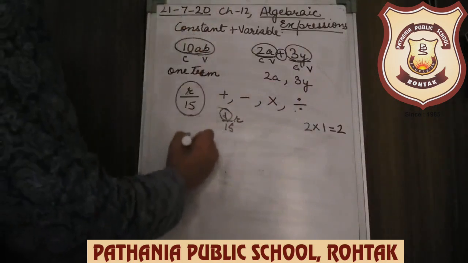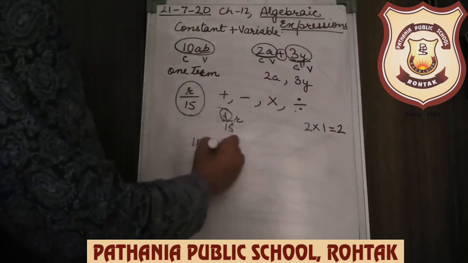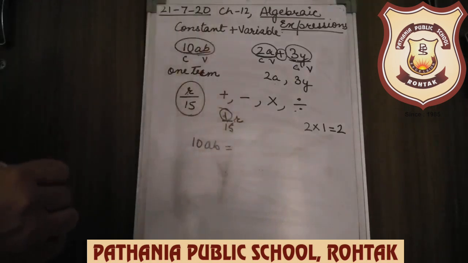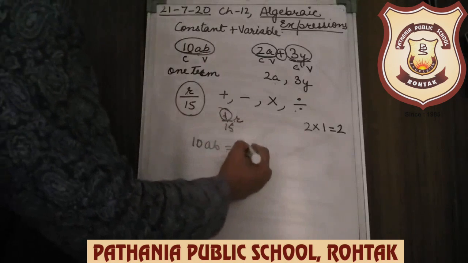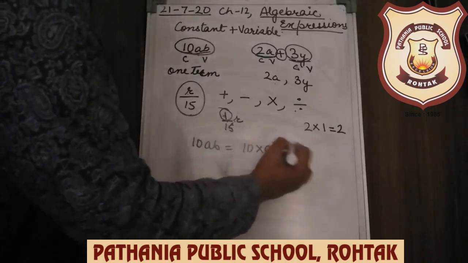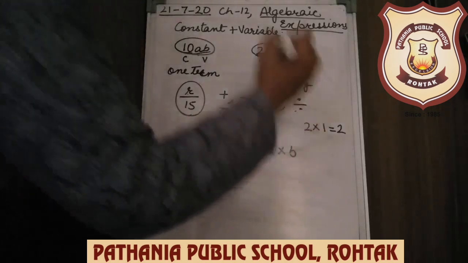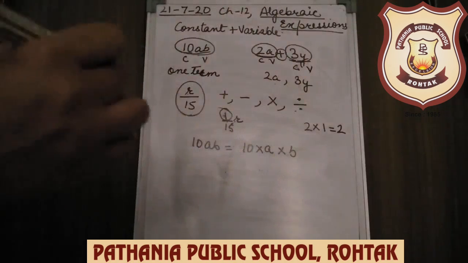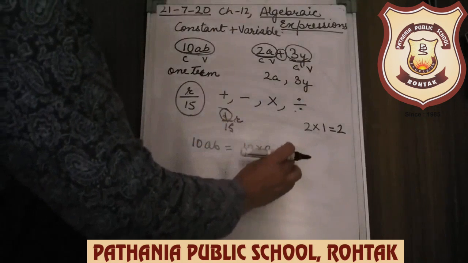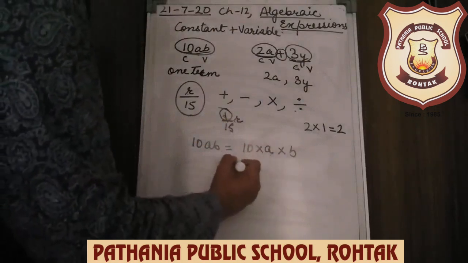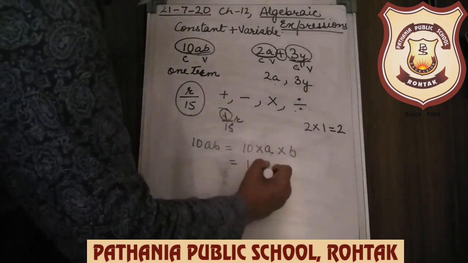Now here, I am writing 10ab. There is no sign in between, so it means 10 is multiplied with a, multiplied with b also. All three are multiplied together. As they don't have any value, these are only variables, so we just write 10ab.